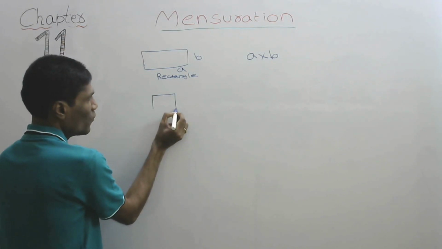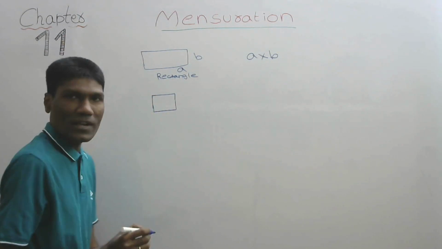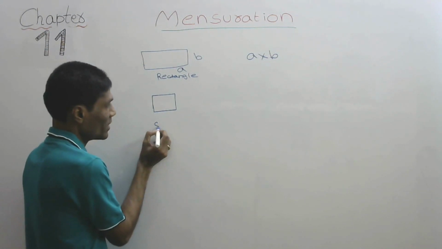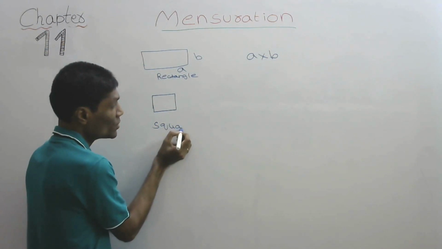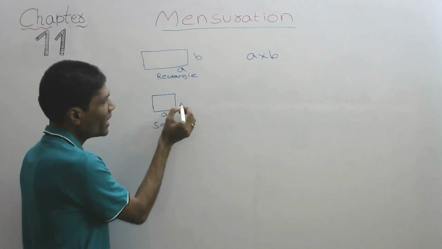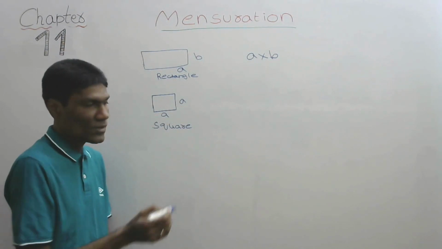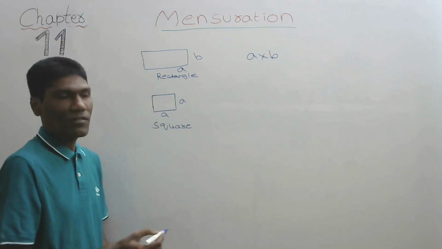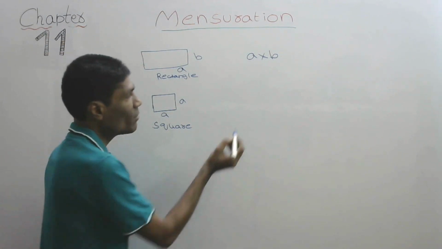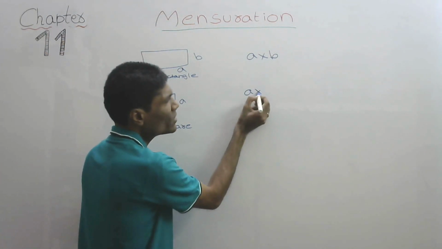Next, if all four sides are equal, then we will name it as square. Say if the length is A and this is also A, of course in a square, all sides are equal. So if A, then the area will be A into A, simple.